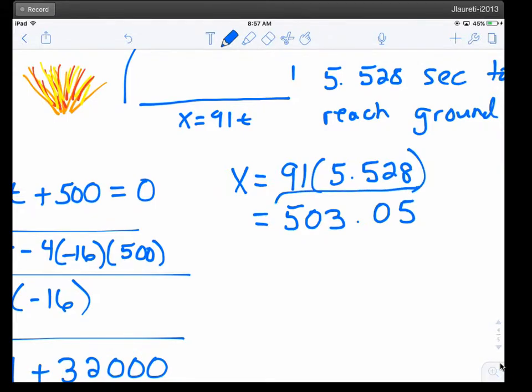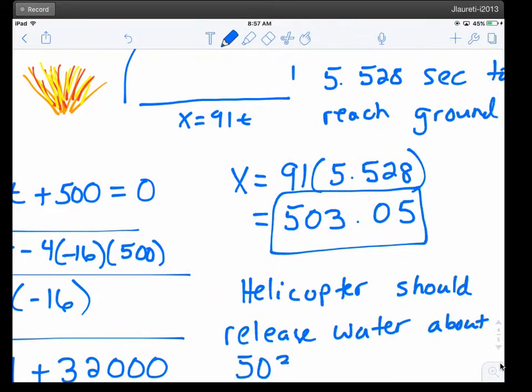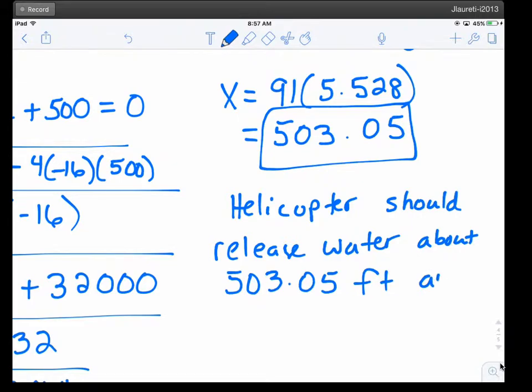Okay, so what does that mean? Right. So the helicopter should release the water about 503.05 feet away from the fire.